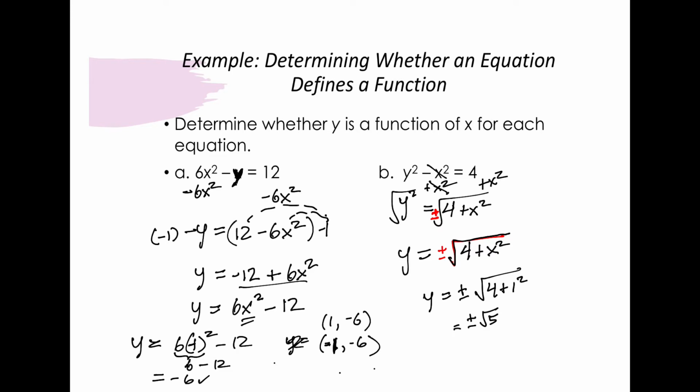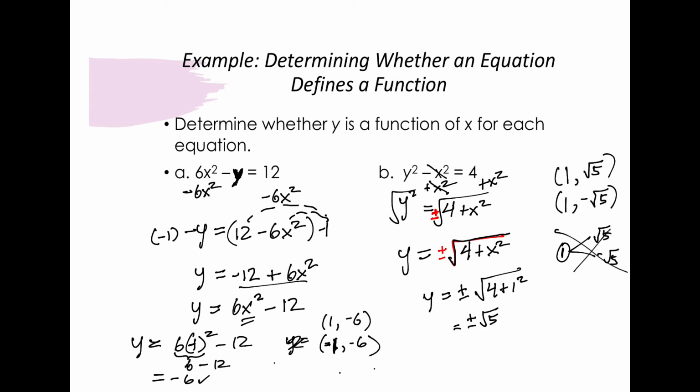And so my one input of 1 gave me the positive square root of 5, but 1 also gave me the negative square root of 5. And so we have one input giving me two different outputs. That makes it not a function relationship.